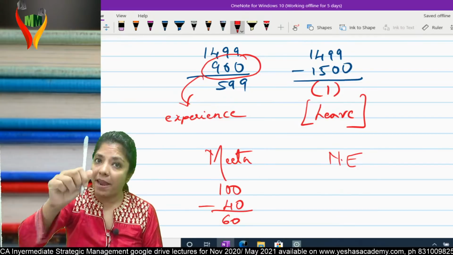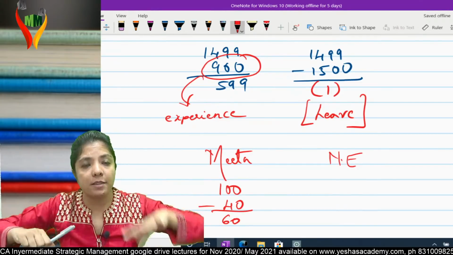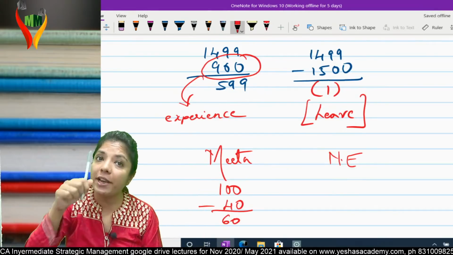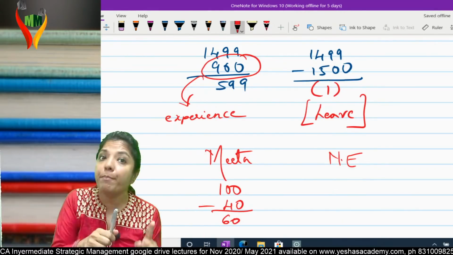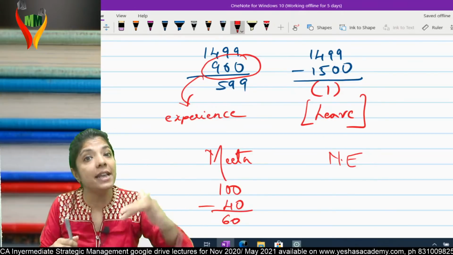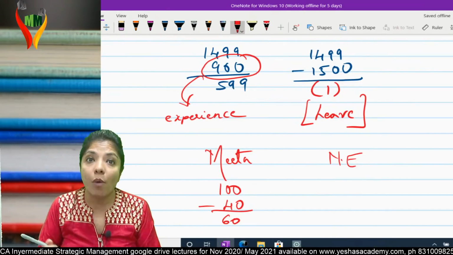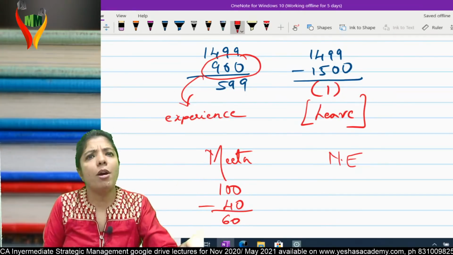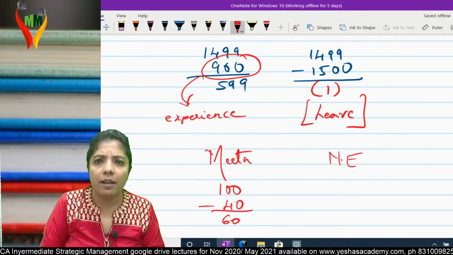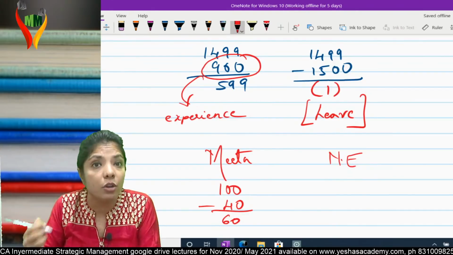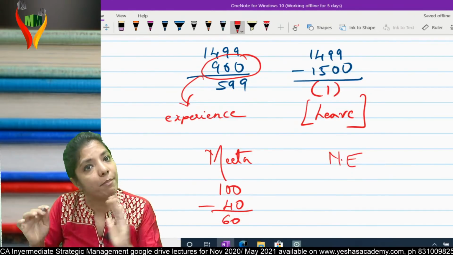Suppose I'm selling this pen for 100 rupees, my cost is 40 rupees, my profit is 60 rupees, and if a new entrant is also selling the same pen for 100 rupees, will somebody go and buy from him? No. Why? Because when Meeta ma'am is also selling at 100 and the new entrant is also selling at 100, why experiment with somebody new? Let's continue buying from Meeta ma'am only.